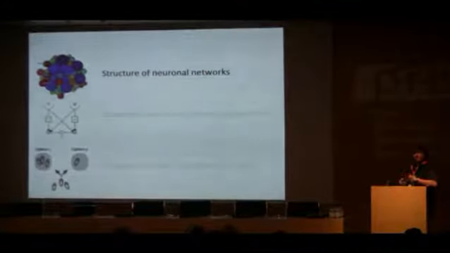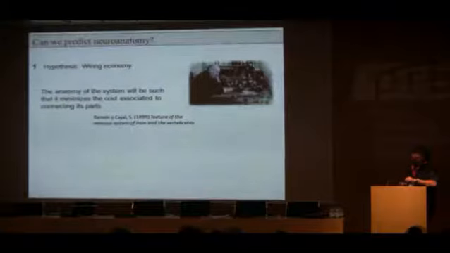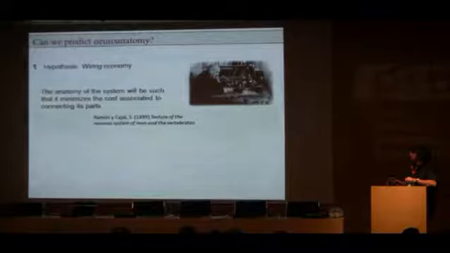And even now, I don't know all the names. But at some point, I realized that maybe there's an opportunity for me to understand neuroanatomy. And it's not a very new idea. It's an idea already stated by Ramon y Cajal a long time ago. And it's the hypothesis that there is economy of wiring in the nervous system.